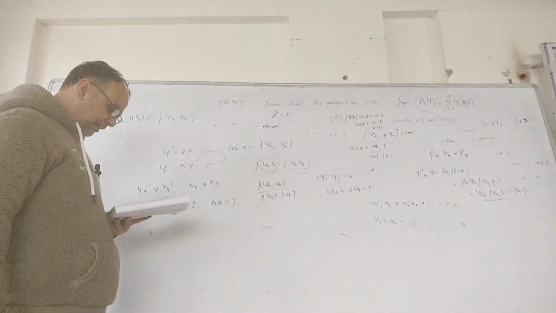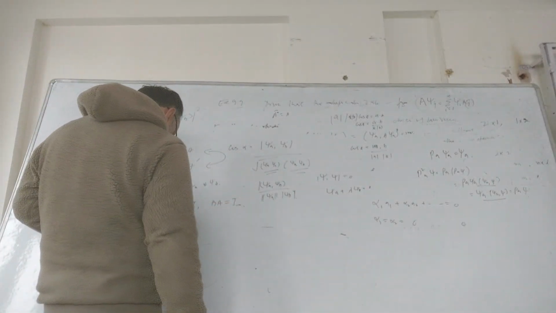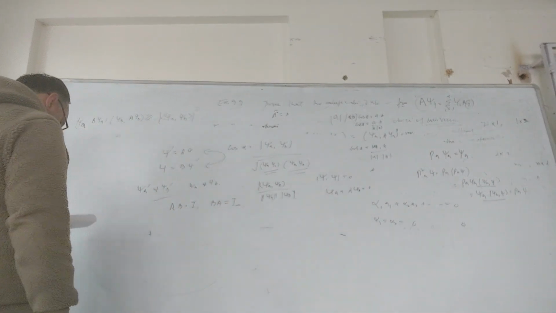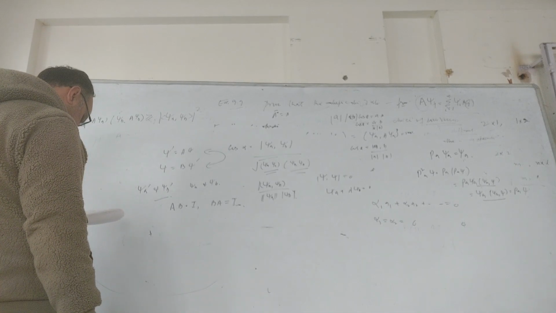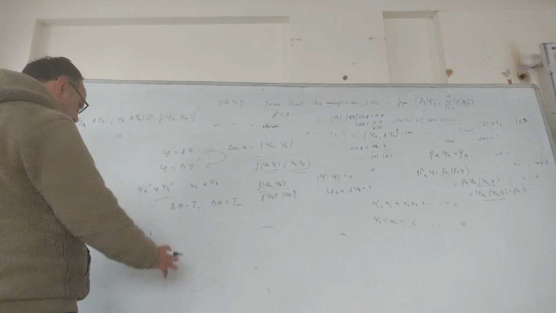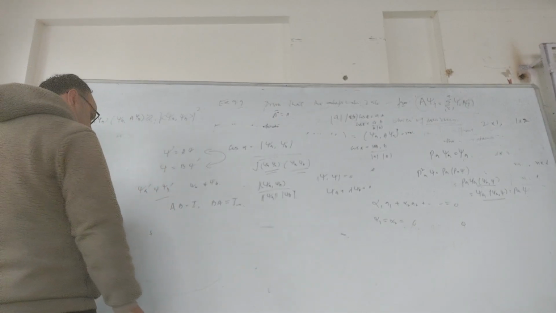So you can have if AB is equal to I, BA is equal to I, that means, and further हम इसमें ये कर सकते हैं, इसमें हम कर सकते हैं काम.